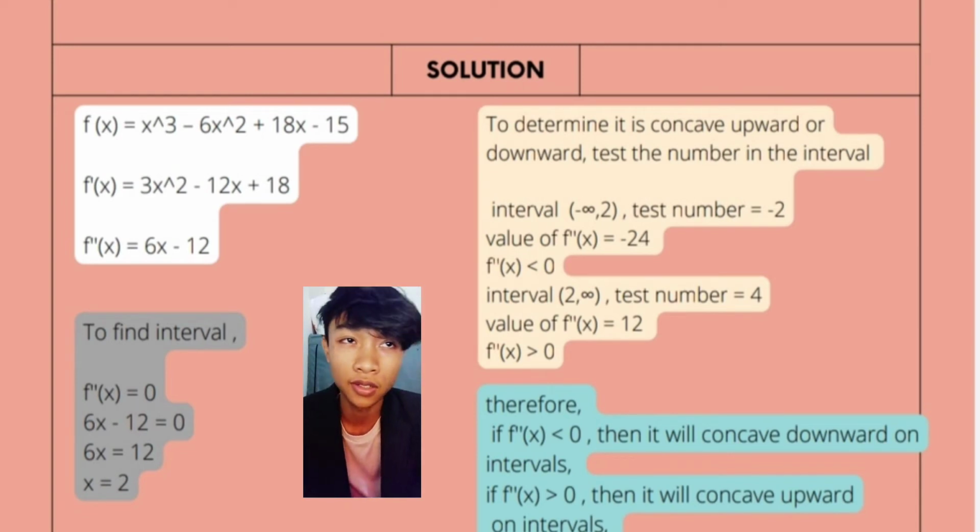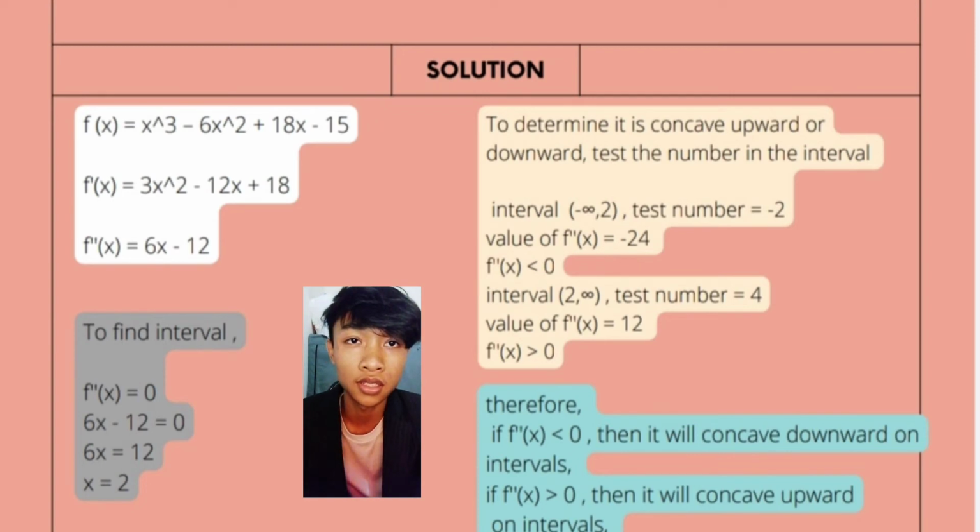We need to test a number in each interval. Let's say the interval is negative infinity to 2, and the test number is negative 2. We substitute the test number into the second derivative of f(x), and we get negative 24, which is less than 0.